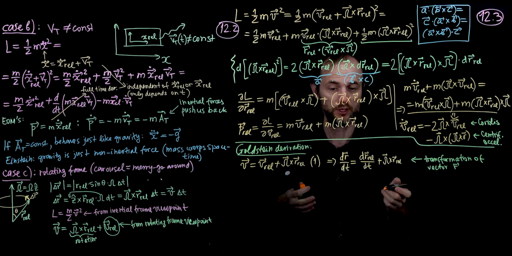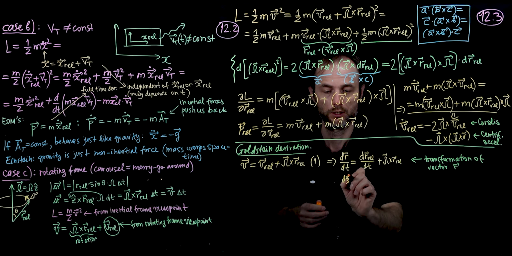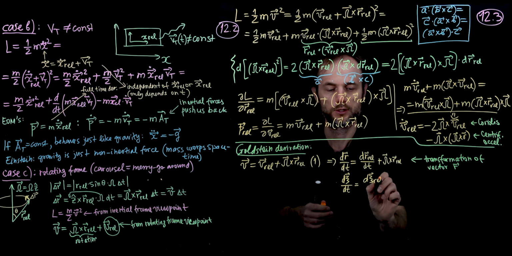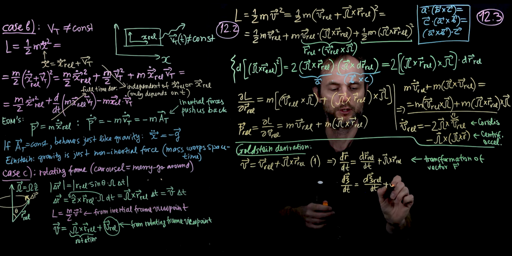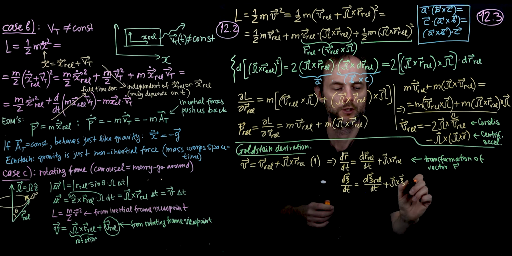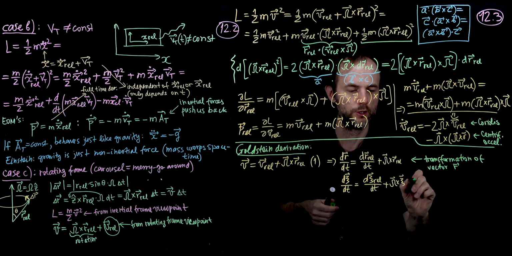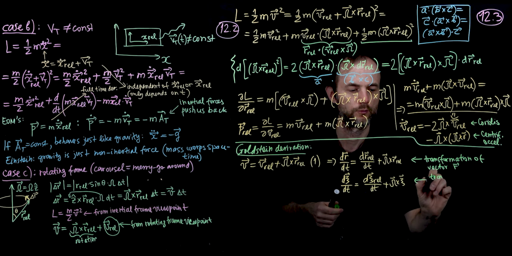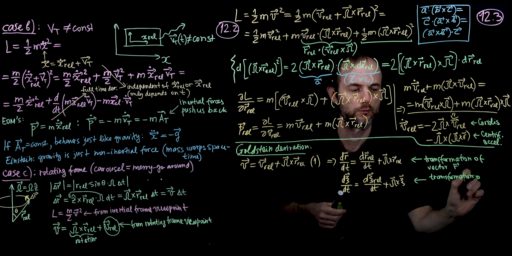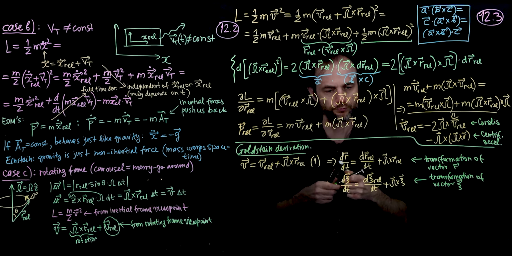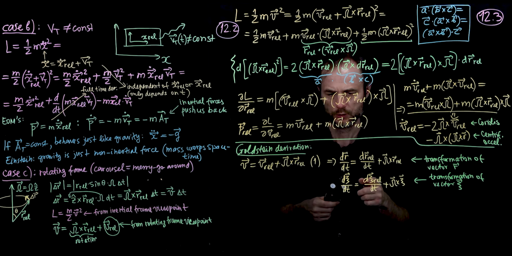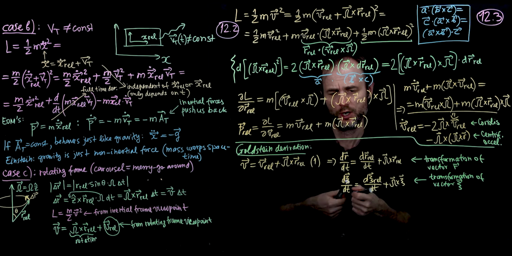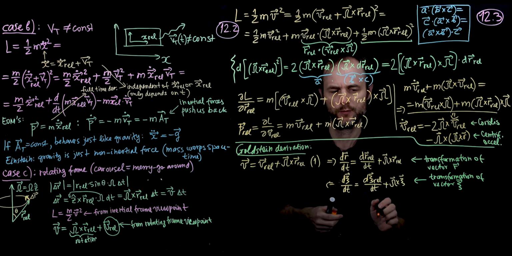Now we could write the same thing for any other vector xi. d xi/dt is equal to d xi_rel/dt plus omega cross xi. So this will be transformation of vector xi. Okay, that's good. So what can we do here? Well, let us try and go one step further.